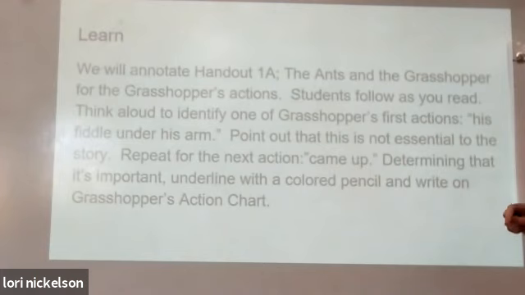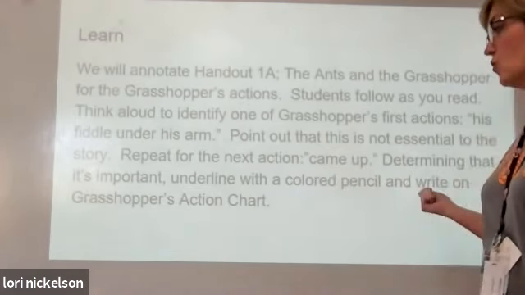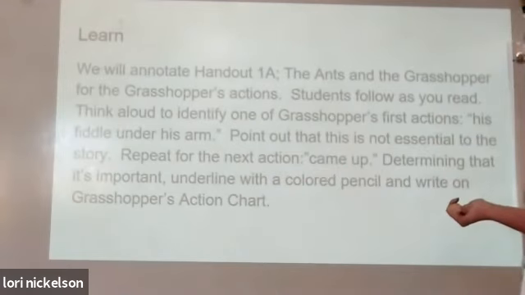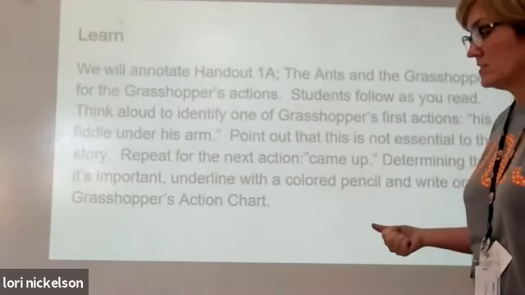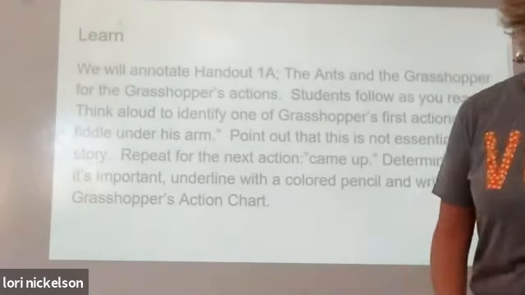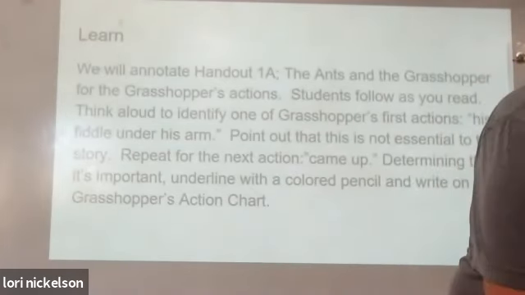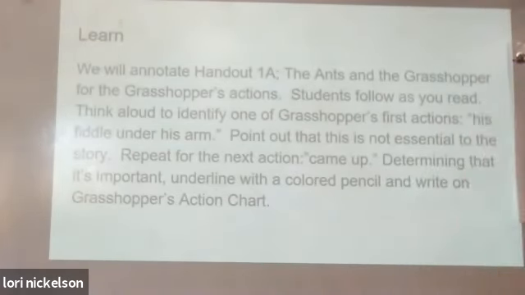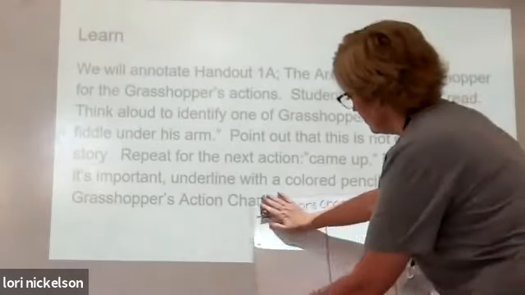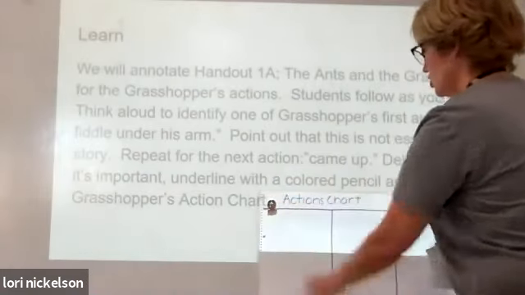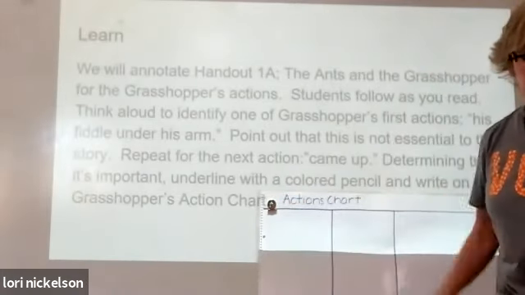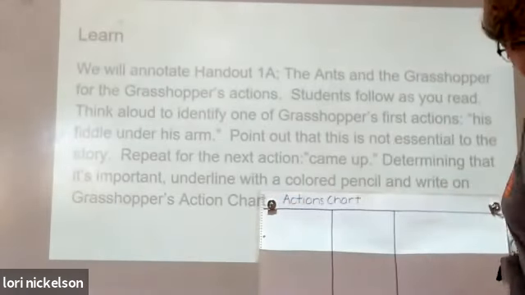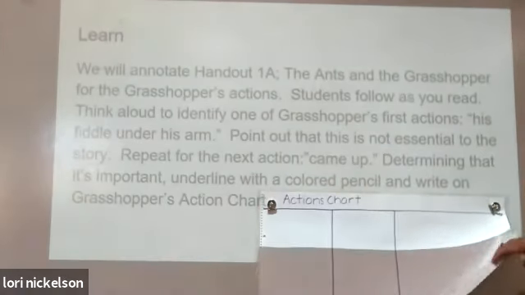So we're going to underline that came up in your story with a colored pencil. And then we're going to write this on an action chart. Now, I've got an action chart over here that we're going to be filling in on Grasshopper. So this is our action chart here, all right, that I have created. Let me get my marker here.